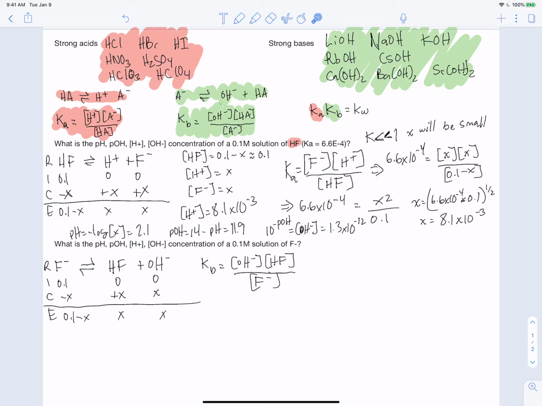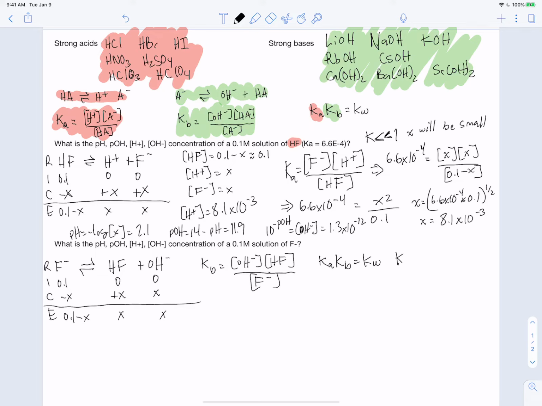You'll also note that we're not given the Kb here, but we do know the Ka from the previous problem. If we want to relate Ka and Kb, we can do that through this expression, which is just that Ka times Kb equals Kw.